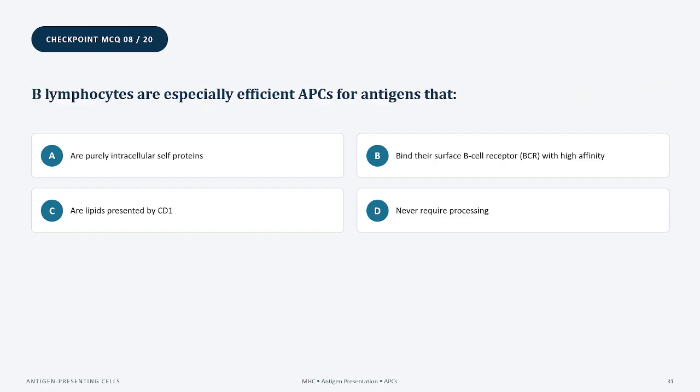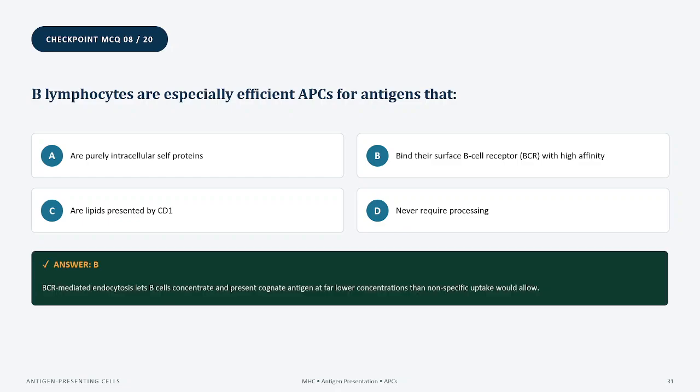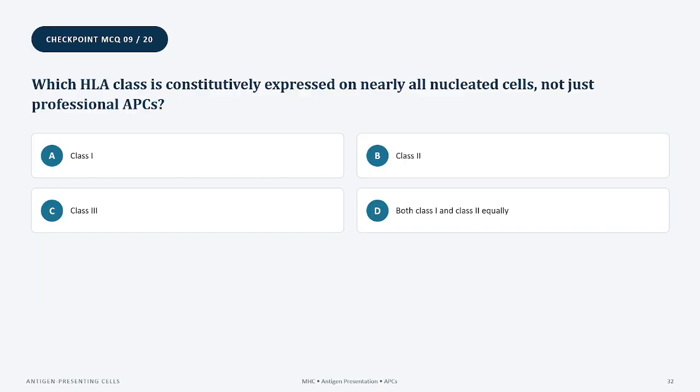The B lymphocytes are especially efficient APCs for antigens that... Yes. So the B cell receptor mediated endocytosis lets the B cell concentrate and present the cognate antigen at far lower concentrations than non-specific uptake would allow. Cool.